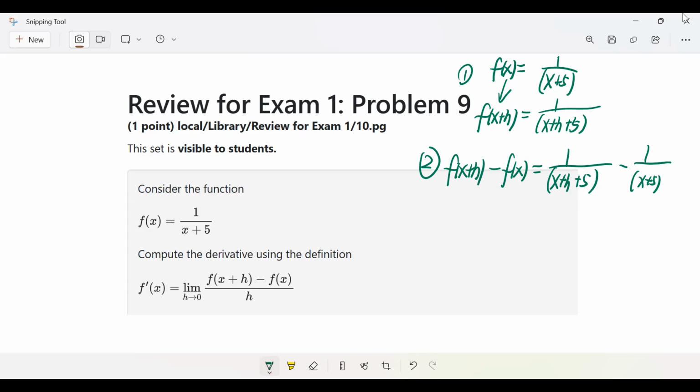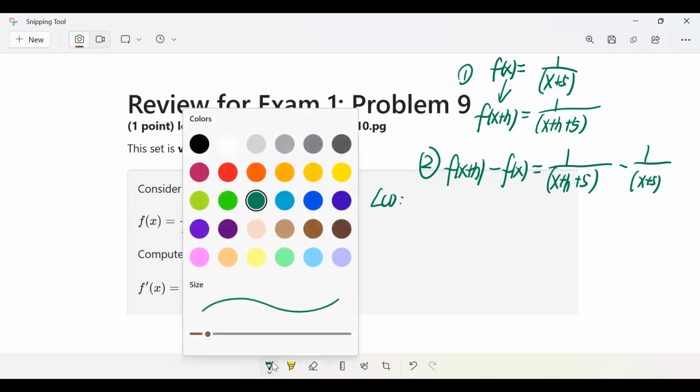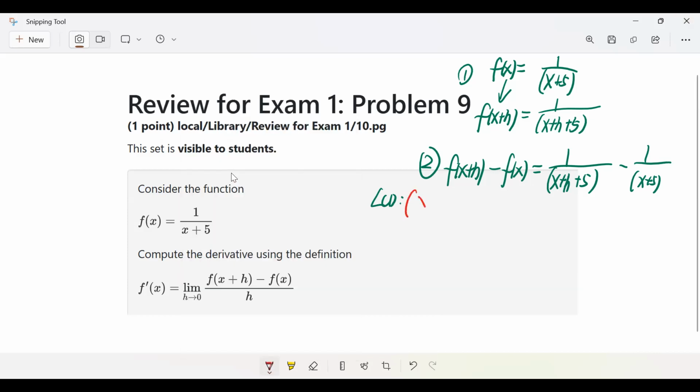And we're going to use the LCD. These two terms have no common factors. So the LCD here is going to be x plus 5 times x plus h plus 5. So simplify that, right? So just combine those two.